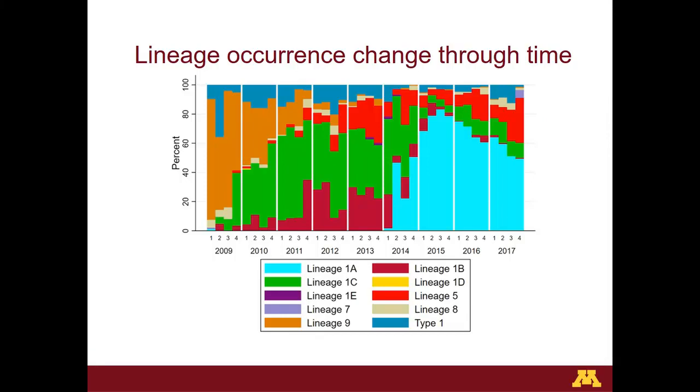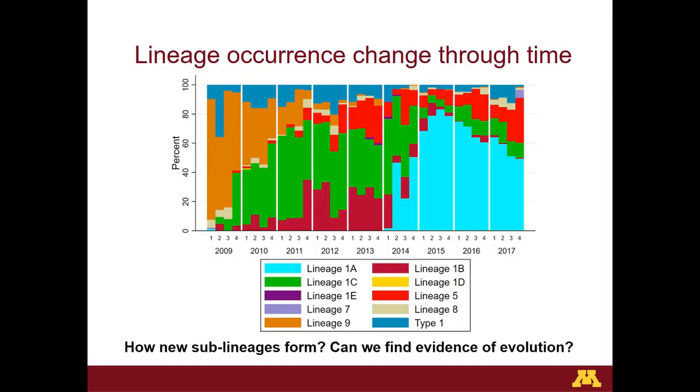What we saw was that there were specific lineages that, despite being very common in the beginning of the timeline, almost went, quote-unquote, extinct over time. Other lineages, namely lineage 1, all variants of lineage 1, were very rare in the beginning, and then increased occurrence over time.